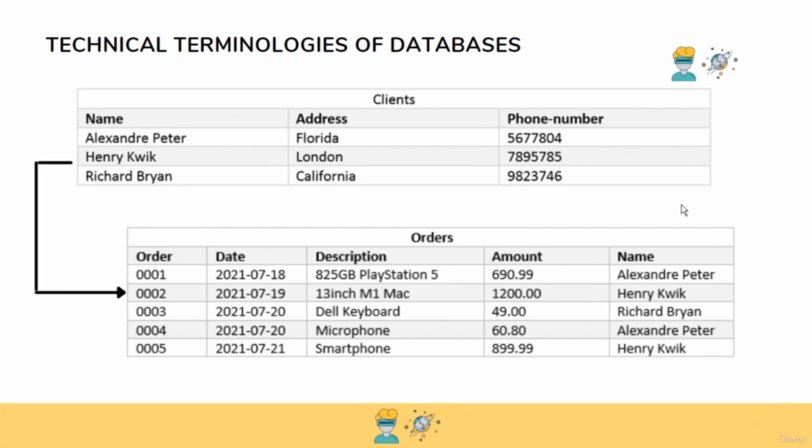Here, the name column of the clients table is related to the name column of the orders table, and in relational databases this is called a join.